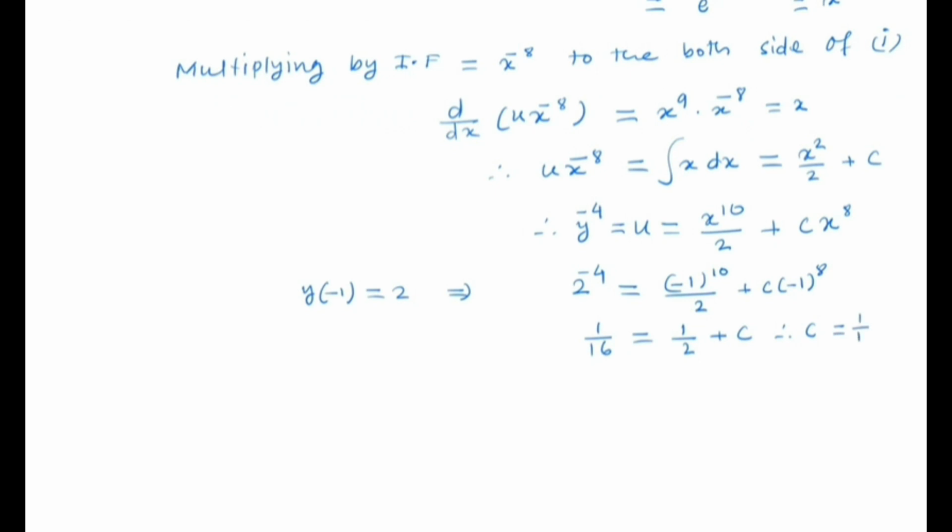So c is 1 by 16 minus 1 by 2, which is nothing but minus 7 by 16. So we have the required solution, which is y to the power minus 4 is equal to x to the power 10 by 2 minus 7 by 16 x to the power 8.